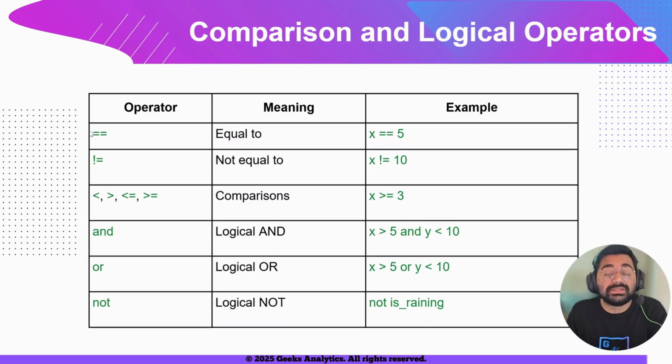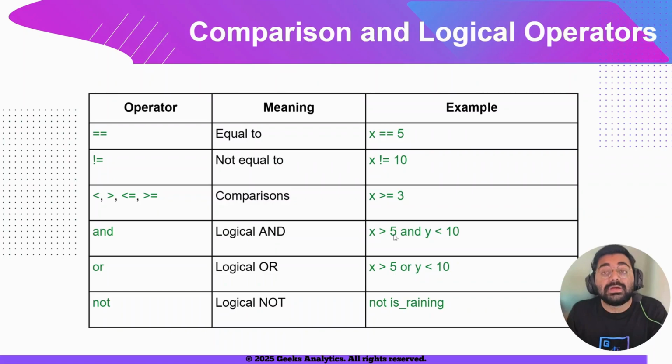But when you're using an if statement to check for a condition, you need to use double equal to. Then not equal to is written as exclamation mark equal to. Then comparisons are made like less than, greater than, less than or equal to, or greater than or equal to. Then come the logical operators. For logical operators you can use and, or, and not.